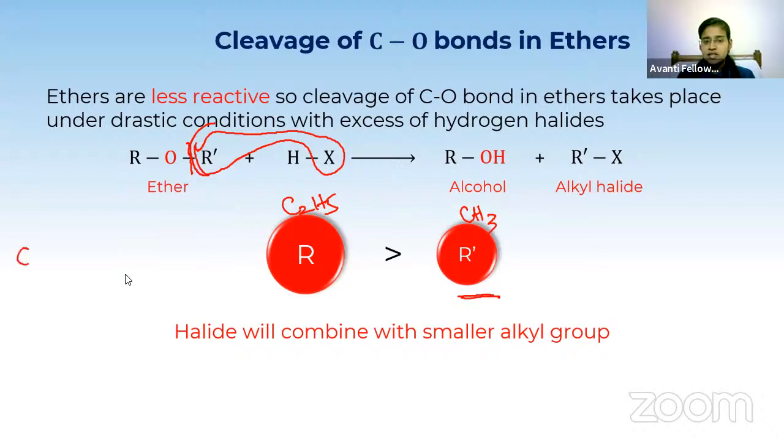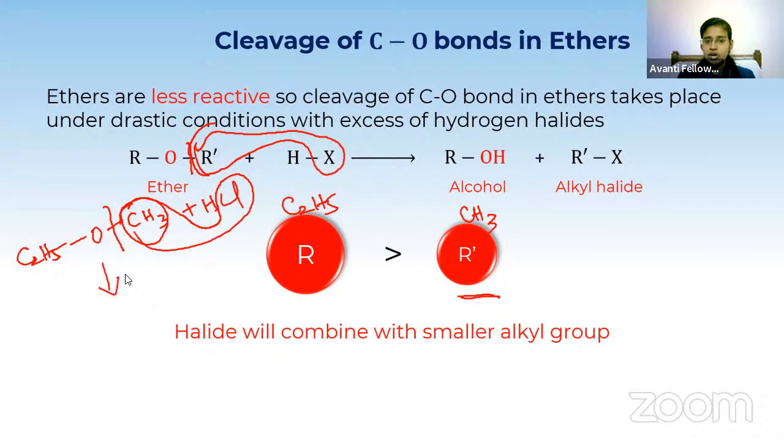Suppose I have C2H5OCH3 and I treat this with HCl. Since CH3 is the smaller alkyl group, this bond will break and CH3 will go out with Cl, and it leads to the formation of C2H5OH and CH3Cl.